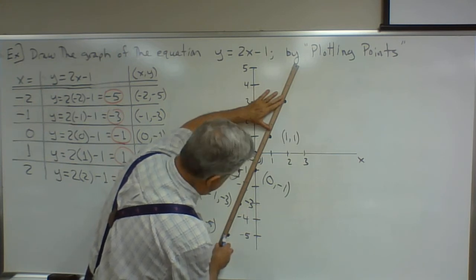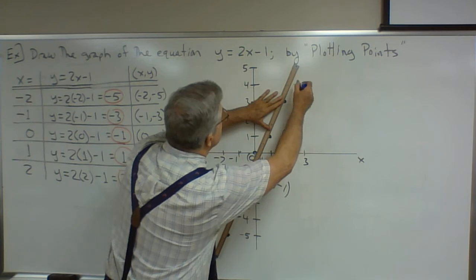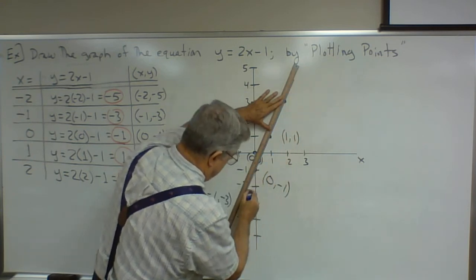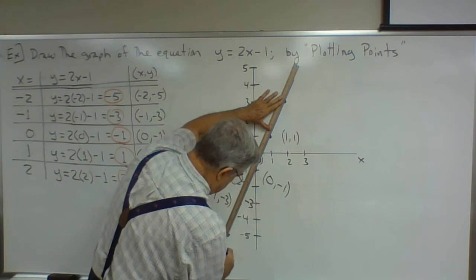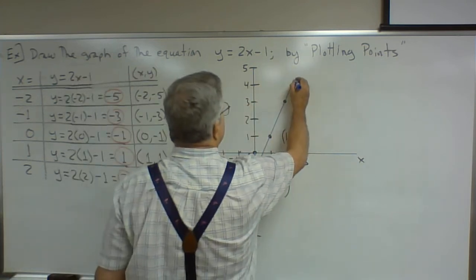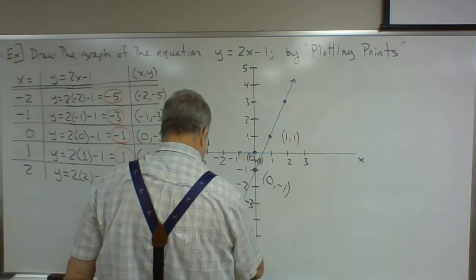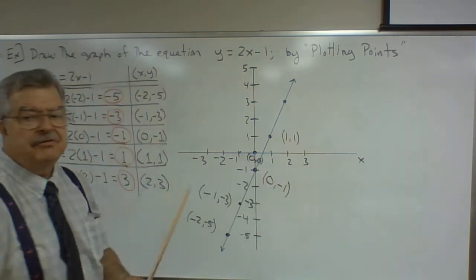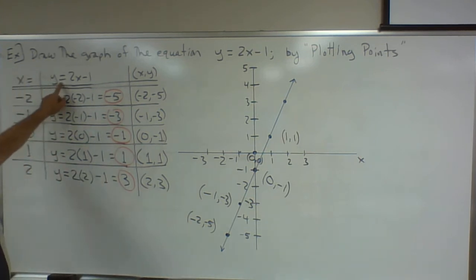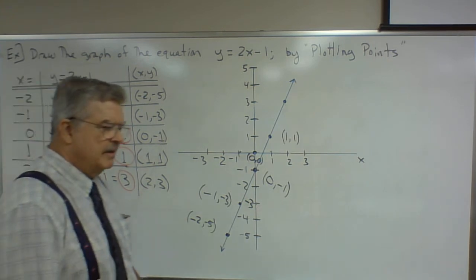By golly, I think they do pretty much. Yep. This is a very good guess as to what the graph of the equation y equals 2x minus 1 really looks like.